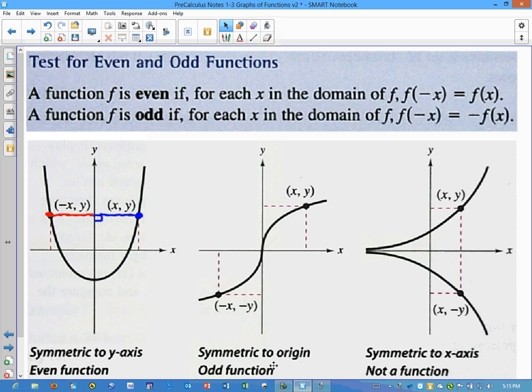Now an odd function has symmetry with respect to the origin, which means one of two things. Here, if we flipped this across the y-axis, then we got the same branch, basically. If we took the branch to the right of the y-axis and flipped it over, we get the branch to the left of the y-axis. And over here, if you take the up and down symmetry, if you take this branch and flip it over the x-axis, you would get this branch.